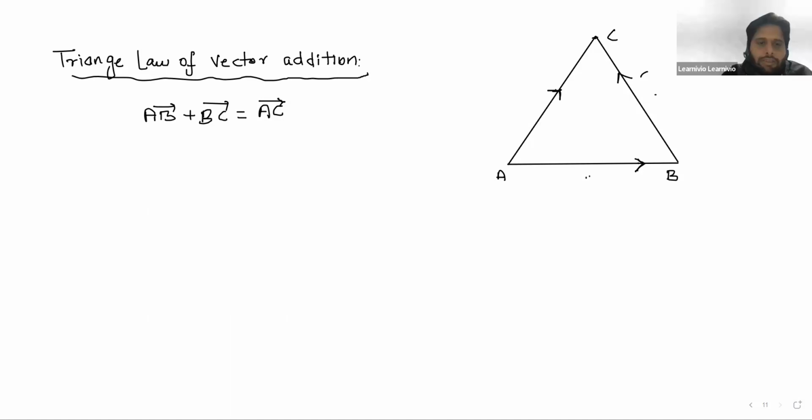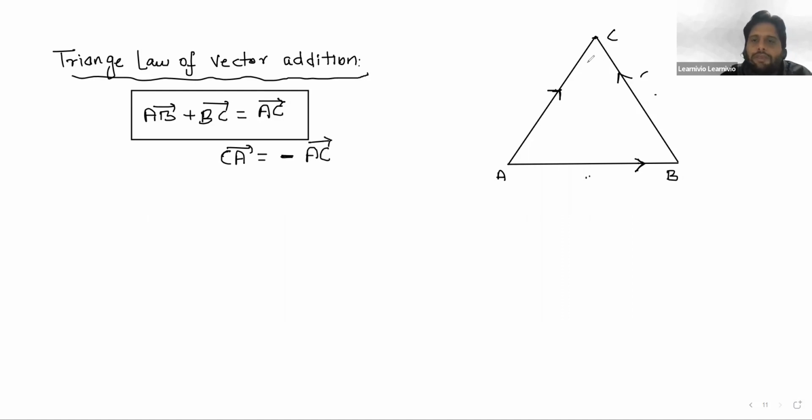There is one more thing. Can we say that CA is equal to minus AC? CA means opposite direction, so yes, we can say that. So AC is also equal to minus CA. Let this be equation one.